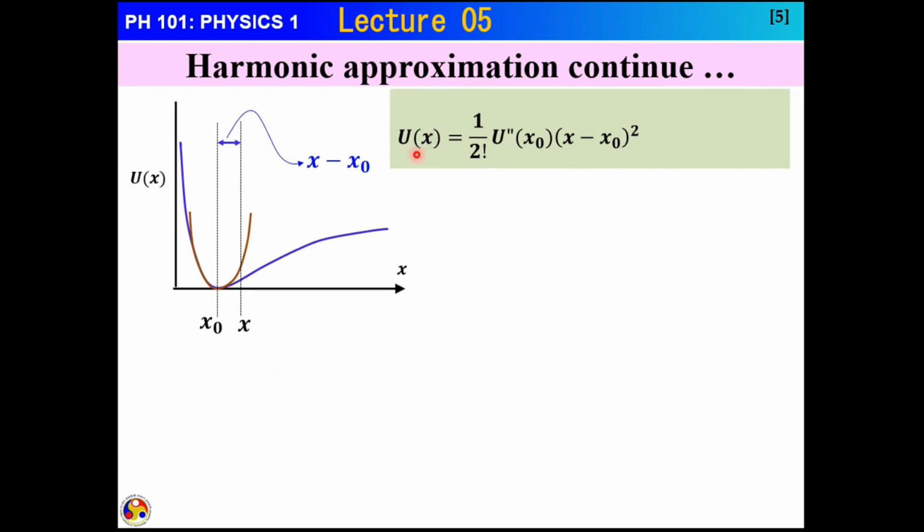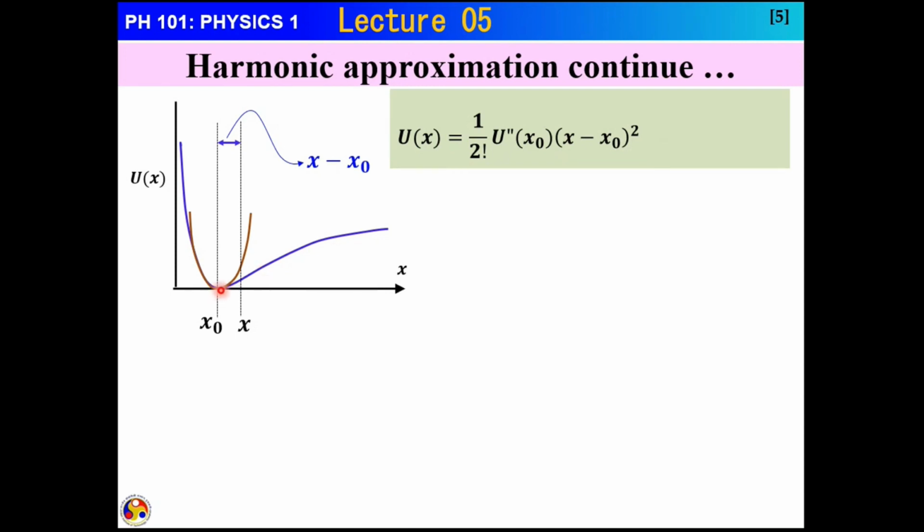So here we are going to have half, 2 factorial, U double prime (x naught) times (x minus x naught) whole square, plus higher order terms. And if I am approximating that we are not very far away from the equilibrium position, this potential can be approximated as a harmonic potential.